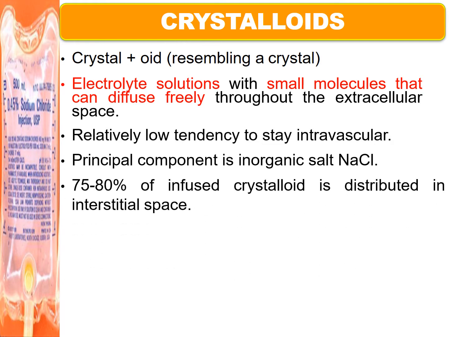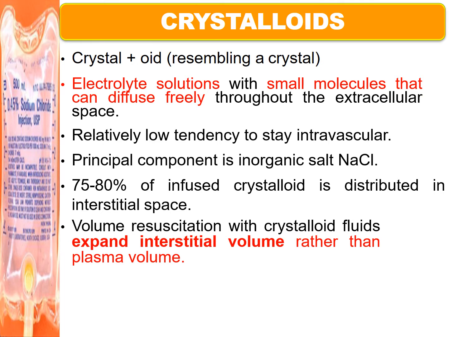Thus, 75 to 80% of infused crystalloid is distributed in the interstitial space. Volume resuscitation with crystalloid fluid expands the interstitial volume rather than the plasma volume. So note this point, this is a very important point.